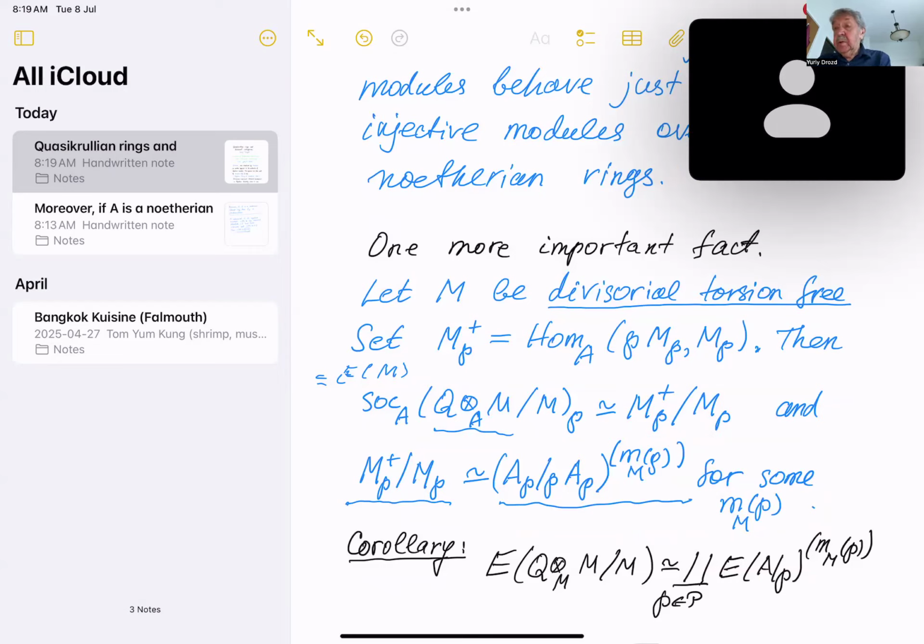And then the corollary is that the injective envelope of the quotient of this rational envelope by M is just a coproduct of injective envelopes of A mod P in some powers.